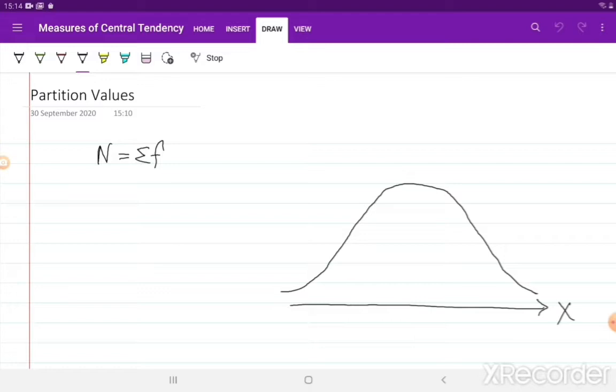The total frequency will be the total area under the frequency curve.